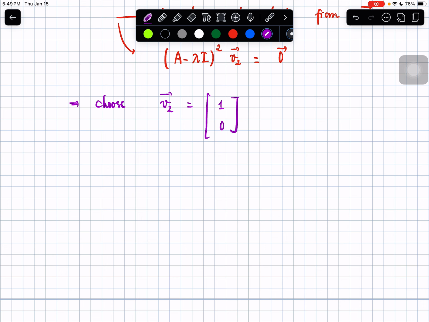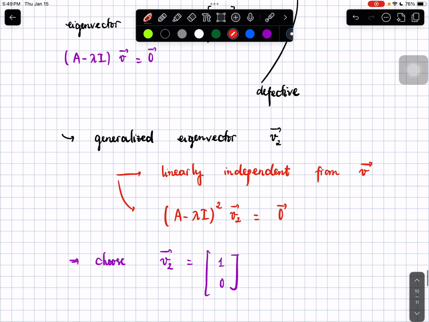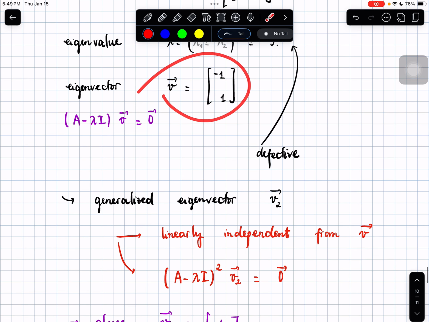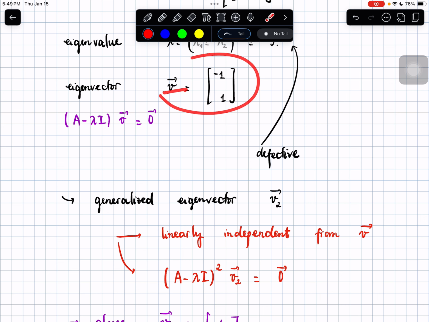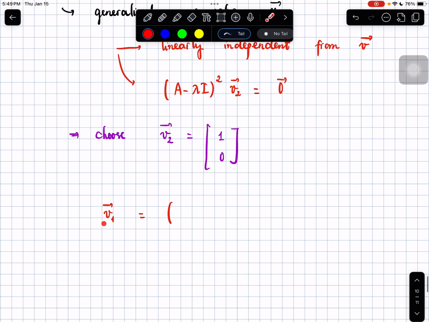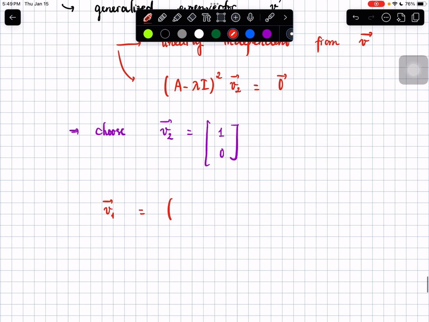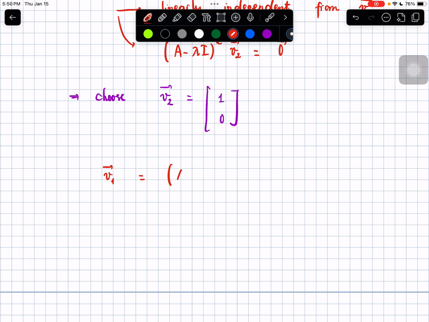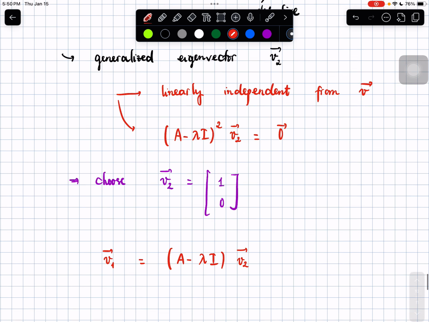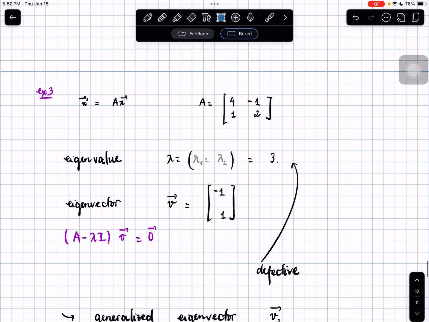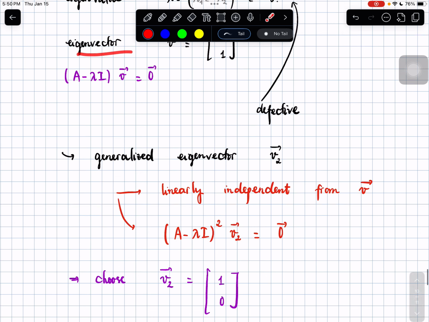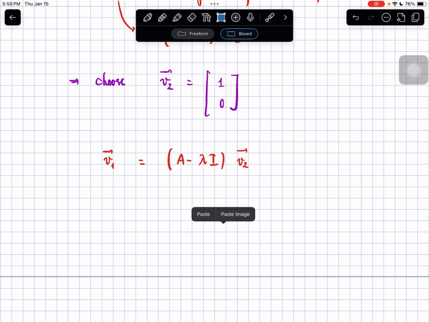Now we construct the chains. The actual eigenvector V1 will be a multiple of V, but we need V1 determined from V2: A minus lambda I times V2. I should have computed A minus lambda I before when we computed the eigenvectors, but I skipped that part.